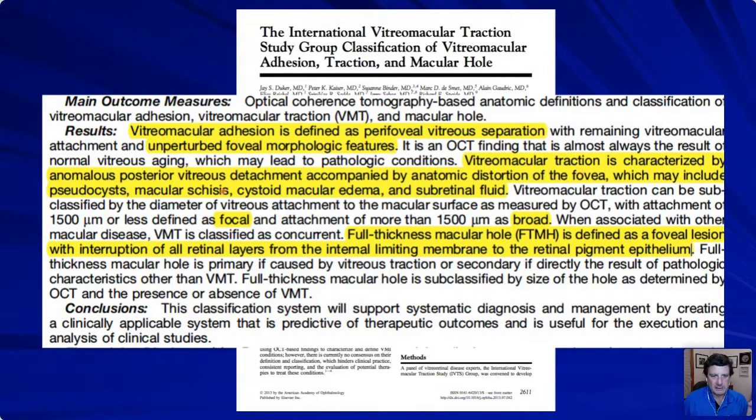Vitreomacular traction is characterized by anomalous posterior vitreous accompanied by anatomical distortion of the fovea. And then there was this focal and broad at this 1,500 microns. Really easy for you to measure this because if you remember, optic nerves could be macro discs and micro discs, but on average, an optic nerve is about 1,500 microns wide.